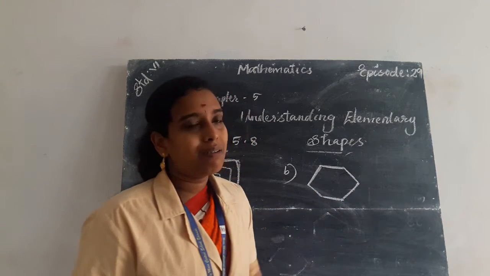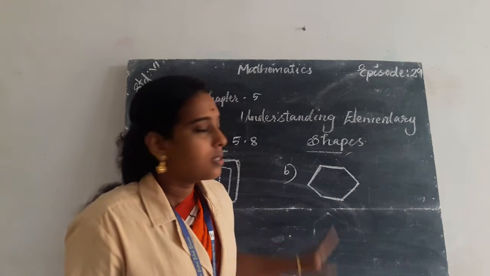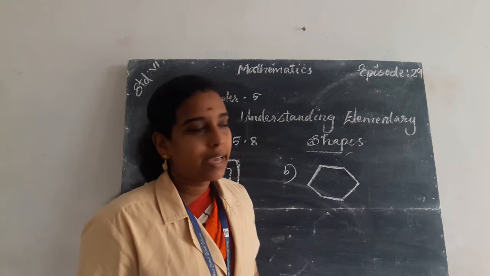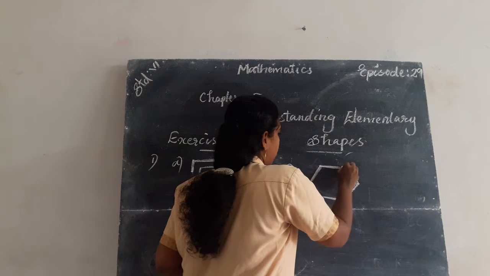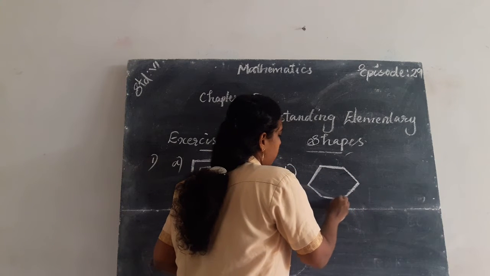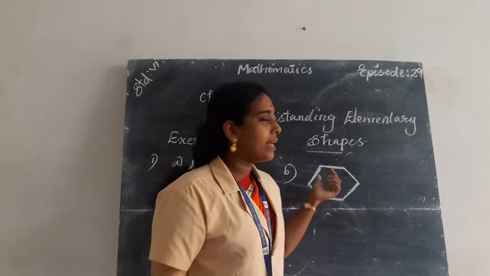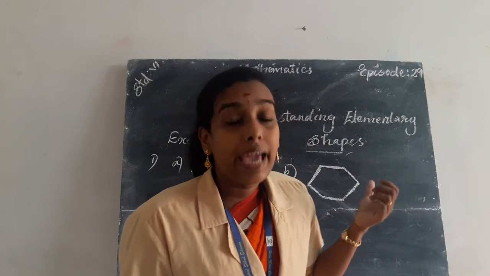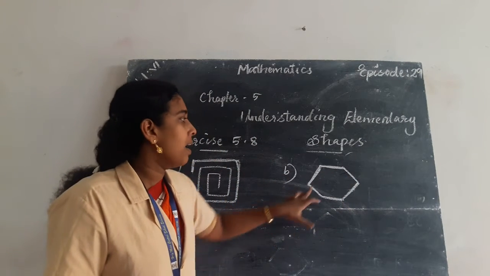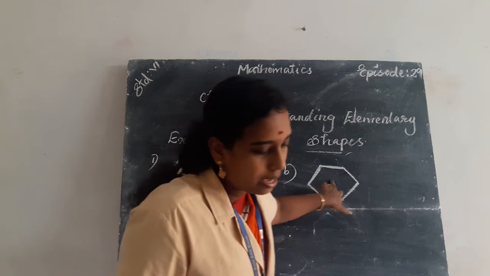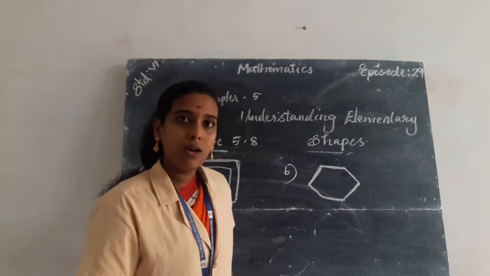Yes, it's a polygon because it's entirely made up of line segments and it's also a closed figure. And which type of polygon is this? How many sides are here? 1, 2, 3, 4, 5, 6. So a polygon with 6 sides is called a hexagon. It's a polygon because it is entirely made up of line segments and also it's a closed figure.